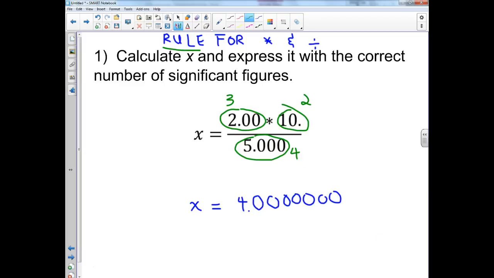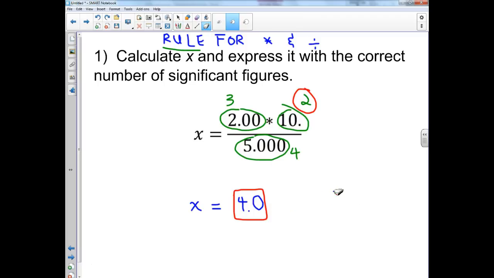So you list the number of sig figs, and then you round your answer to the least of these number of sig figs. So 2, 3, 4, what's the least? 2 is the smallest. So you round this answer to 2 sig figs. It'll be those two. This is a 0, so I can leave that as 4.0. I don't have to round it up. So my final answer is 4.0.